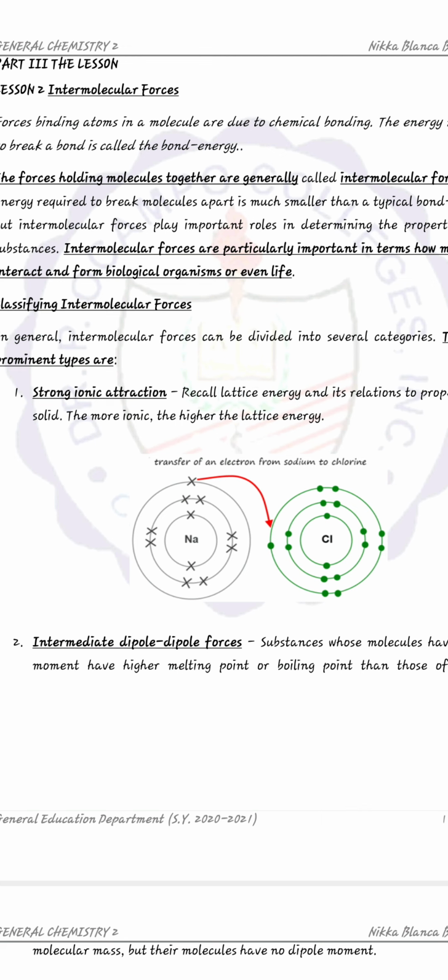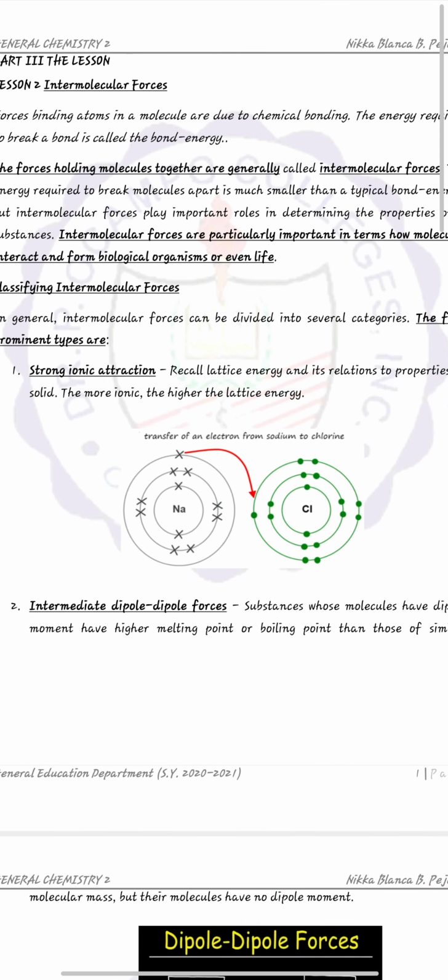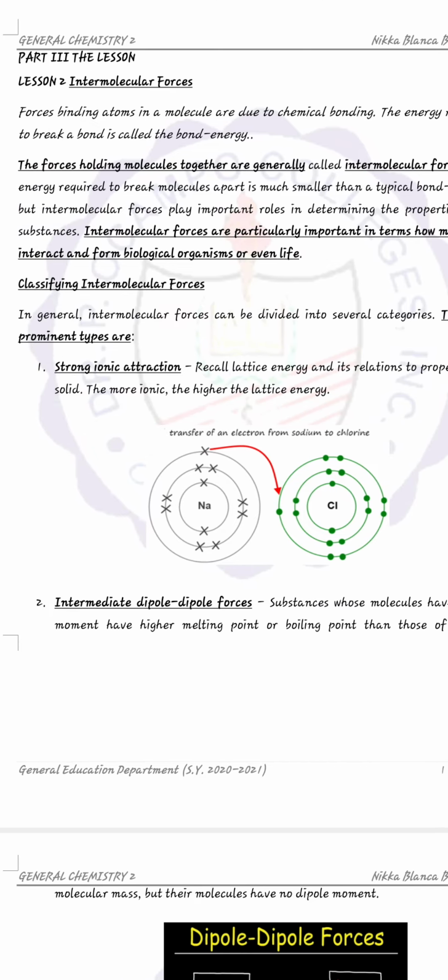When we say strong ionic attraction, let's recall lattice energy and its relation to the properties of solids. The more ionic, the higher the lattice energy. What do we mean by lattice energy? In strong ionic attraction, lattice energy is involved. Lattice energy is the energy required to break apart an ionic solid and convert its component atoms into gaseous ions.